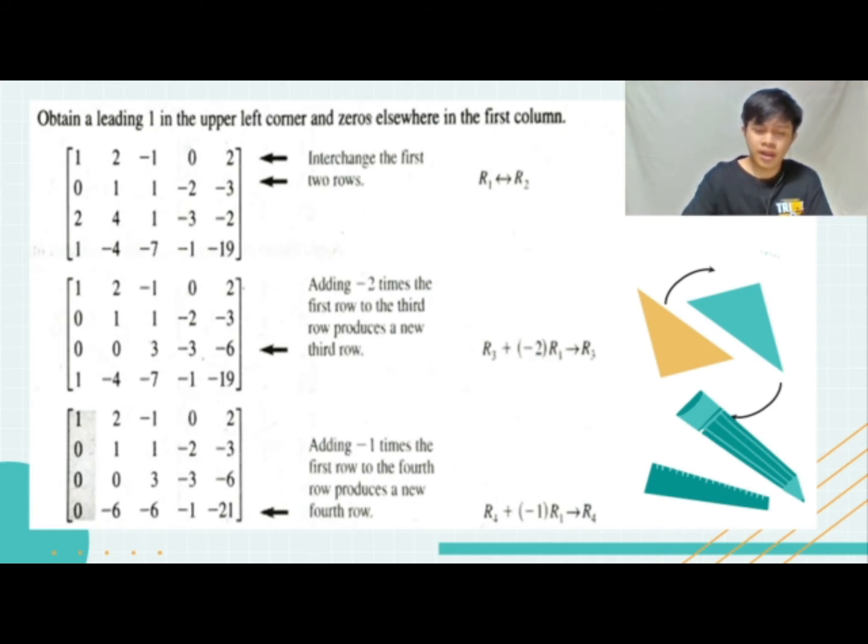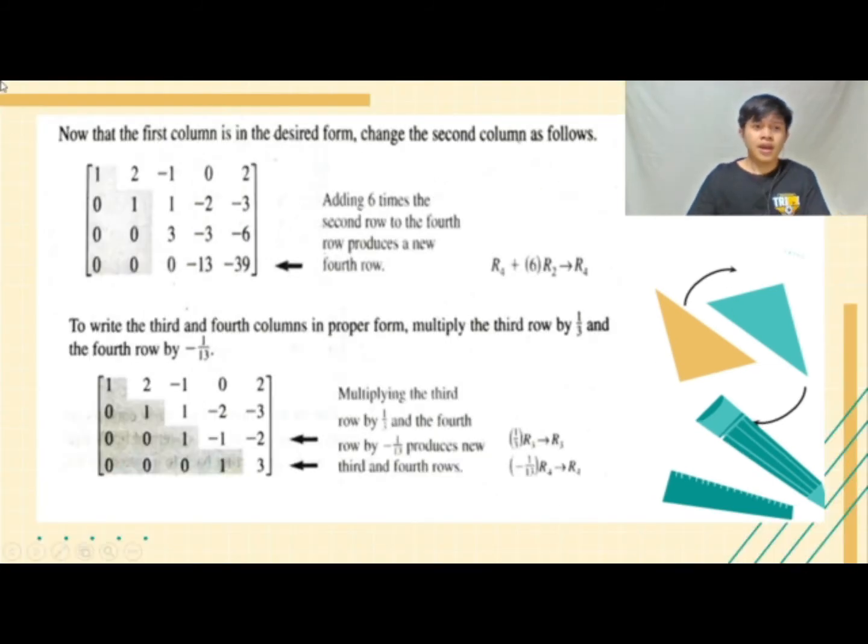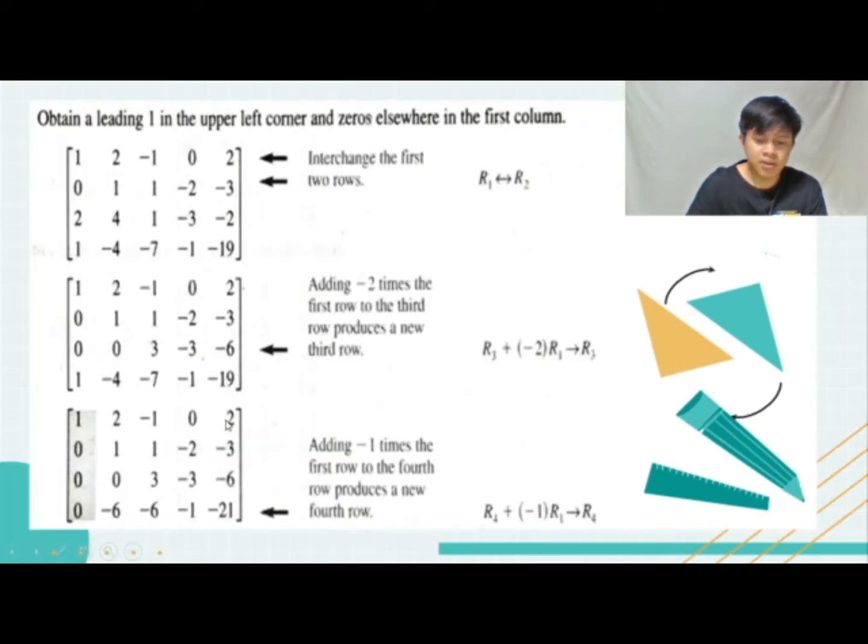So the next procedure that we are going to do is, now that the first column is the desired form, change the second column as follows. So, wala po itong pinagkaiba dito sa step na to.